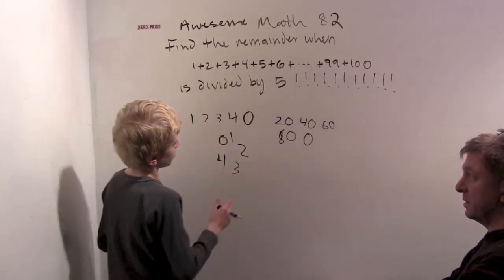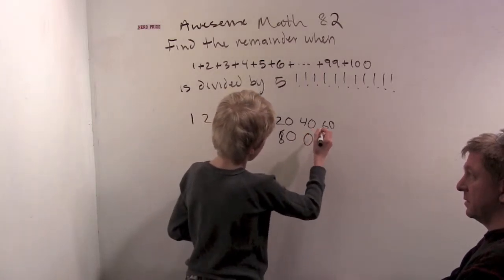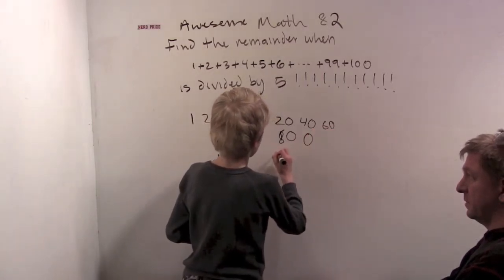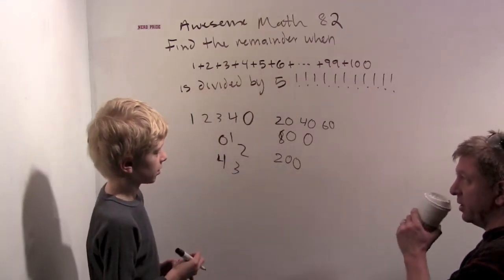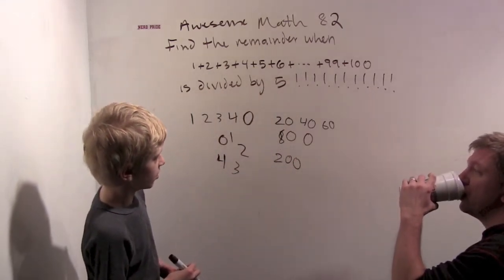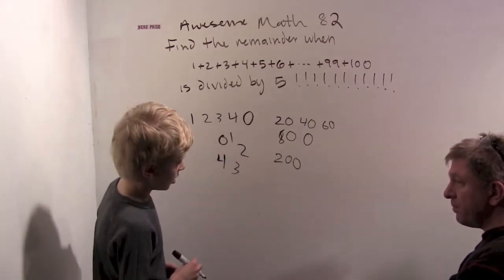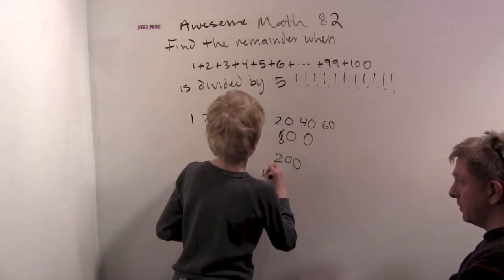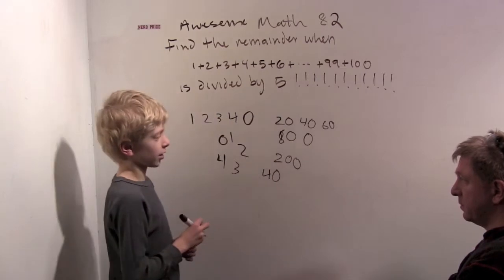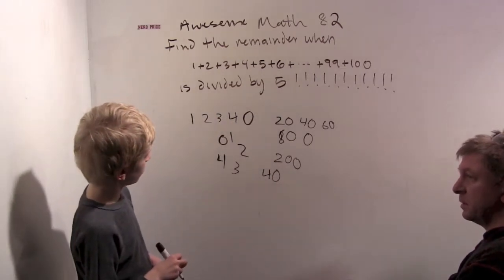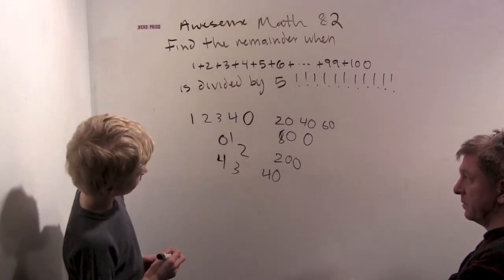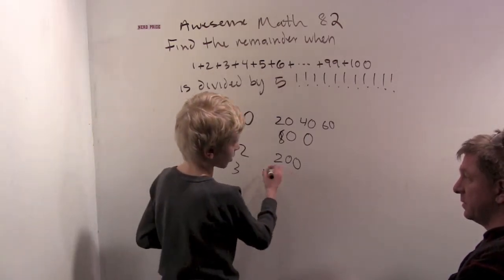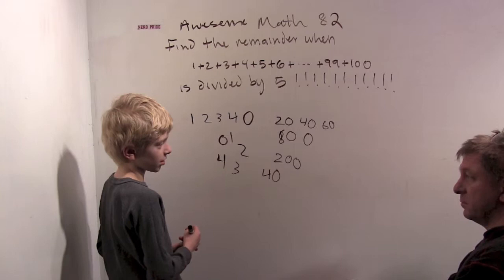So this becomes 200 divided by 5, and that would be 40. But when it's divided by 5, you can still divide it by 5 another time.